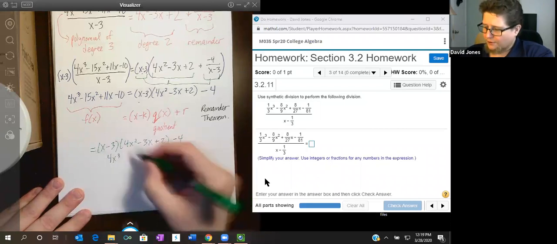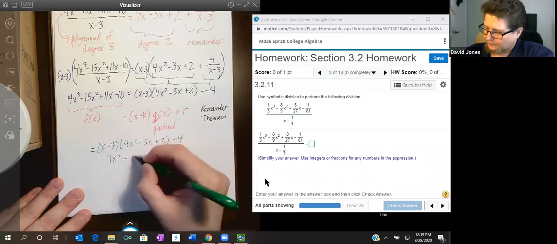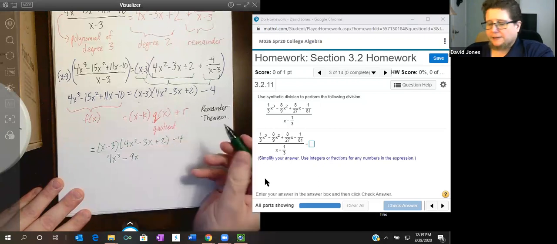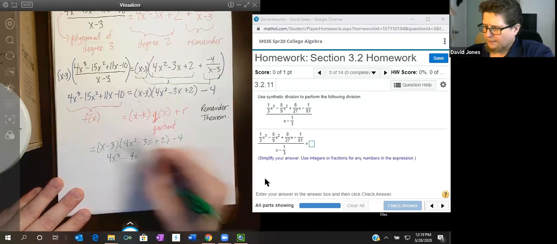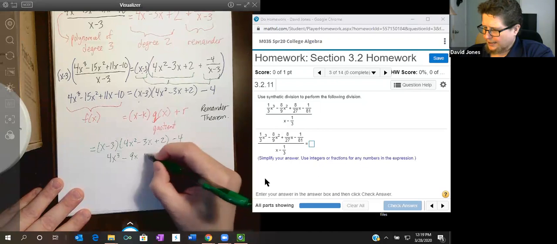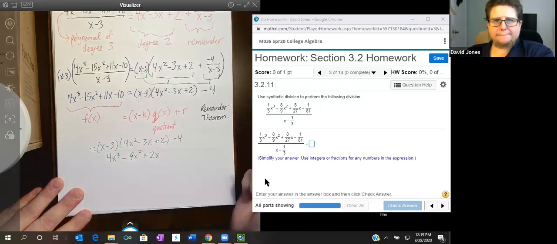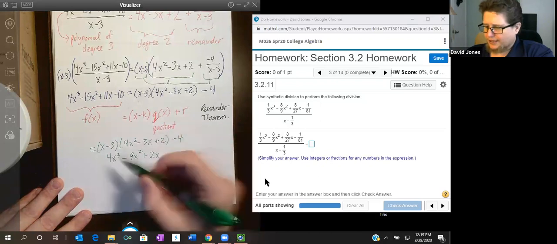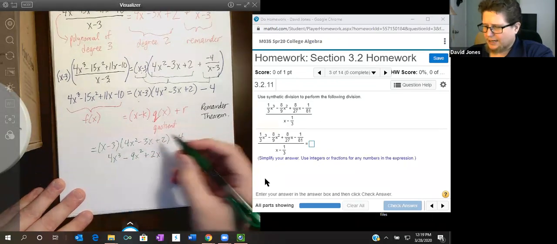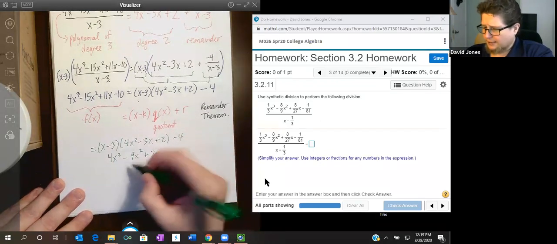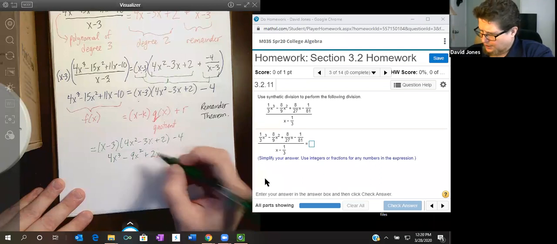X times negative 3x is negative 9x. X times 2 is 2x. That should be negative 9x squared, my bad. I'll distribute the negative 3. Negative 3 times 4x squared is, and that should be a positive.